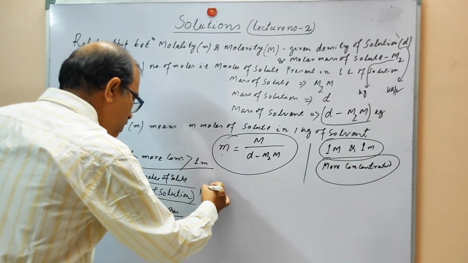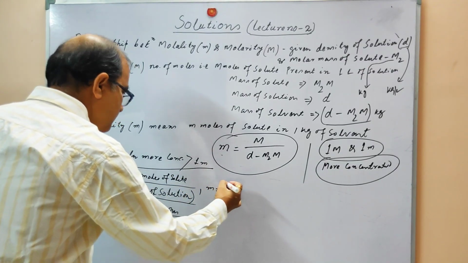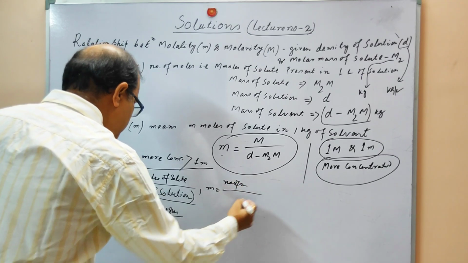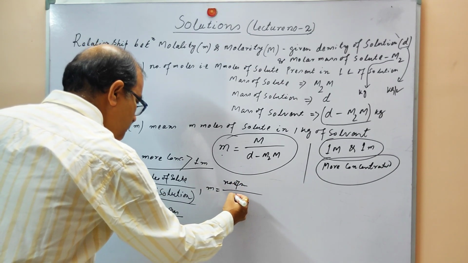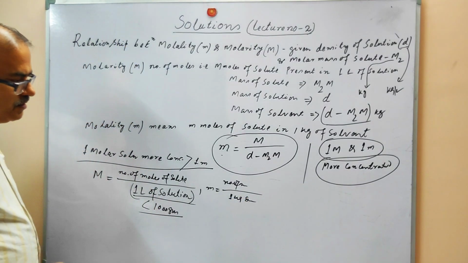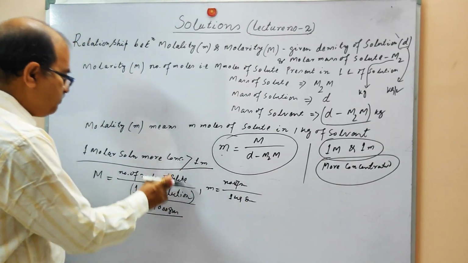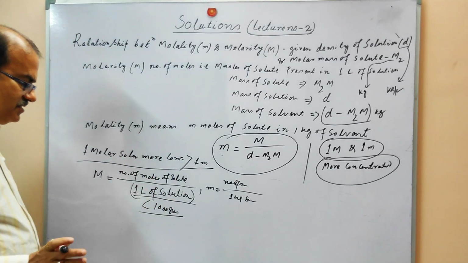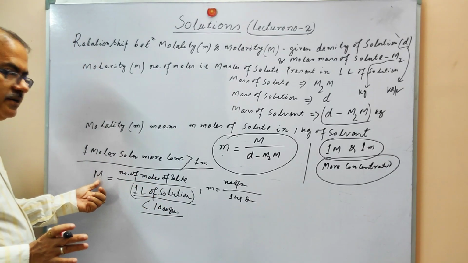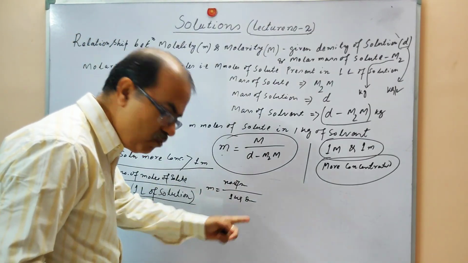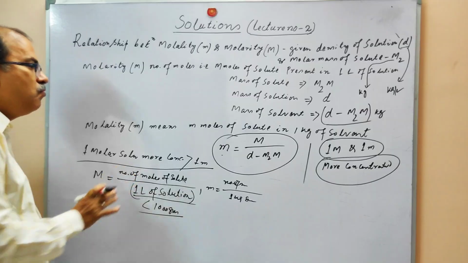Whereas in molality, we take the number of moles divided by 1 kilo of solvent. So here you can see this is more concentrated because the solvent is less. In case of molarity, the solvent is less, whereas in molality, the solvent is 1 kilo. So it will be more concentrated.